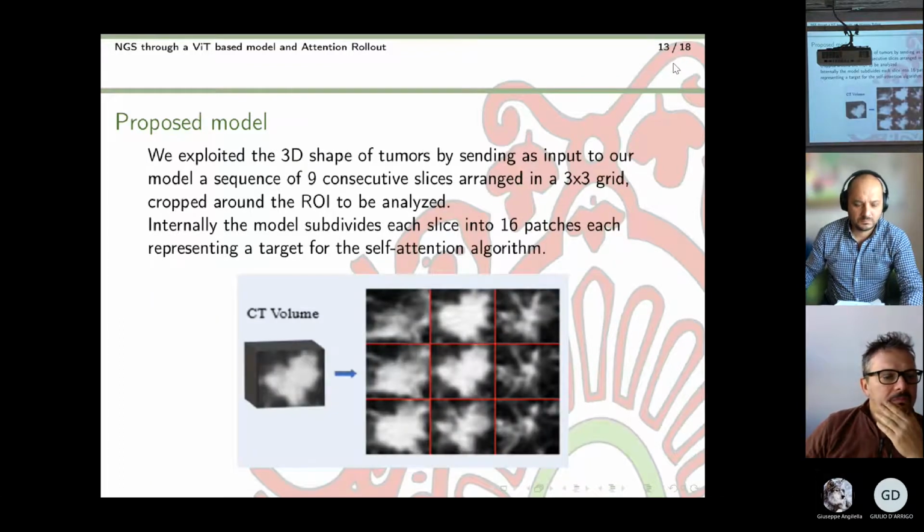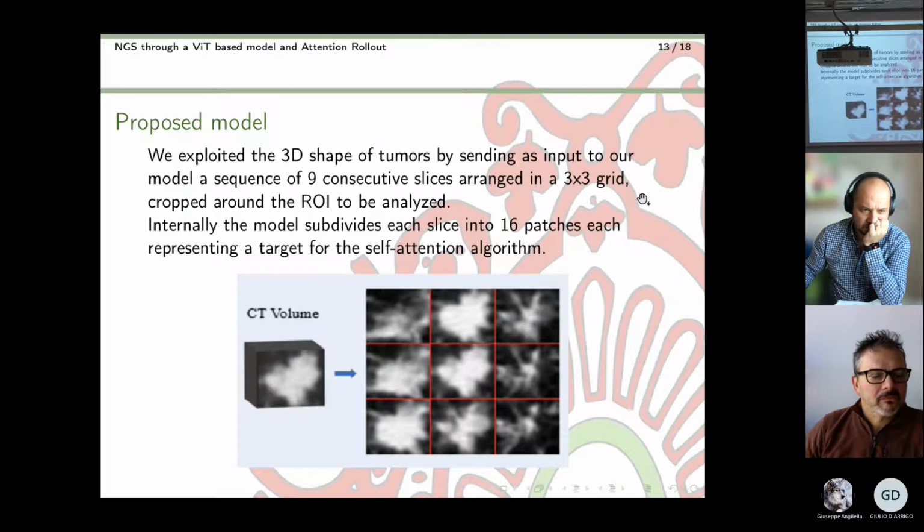This is how we fed the model. We exploited the 3D shape of tumors by sending as input to our model 9 consecutive slices arranged in a 3x3 grid. Internally, the model subdivides each slice into 16 patches, each representing a target for the self-attention algorithm.